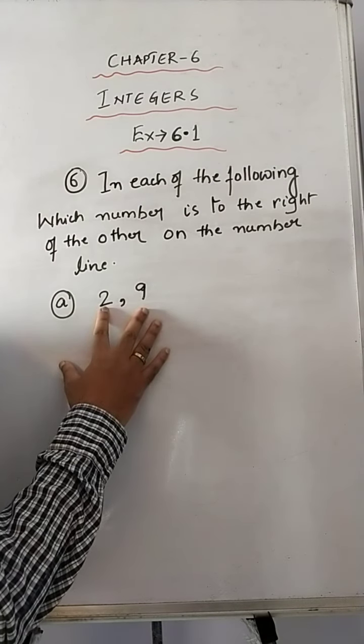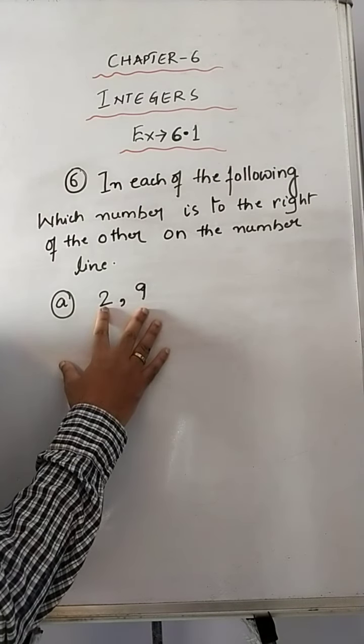So we'll write: 9 lies to the right hand side on the number line. Okay, so this is the logic that you have to use.